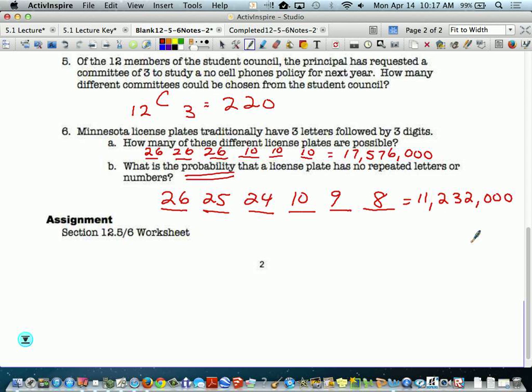So looking at those two numbers, there's about 6 million license plates that repeat if we allow repeats, right? So 11,232,000 divided by 17,576,000.